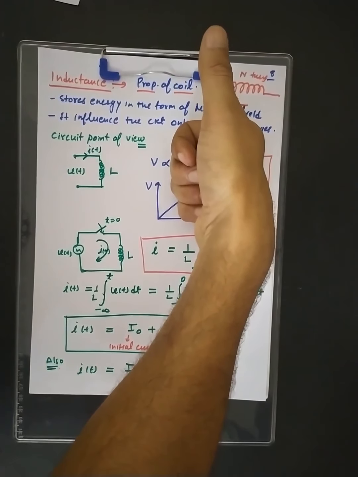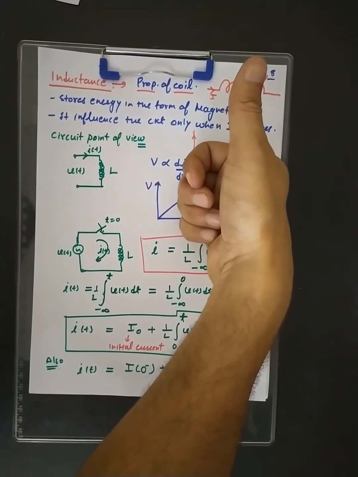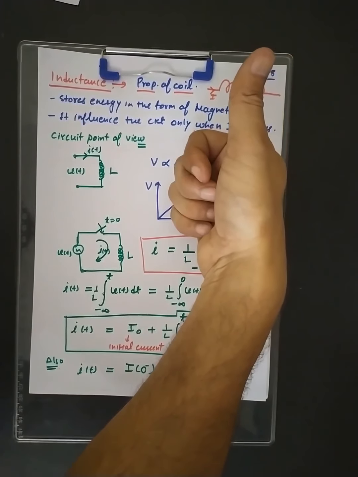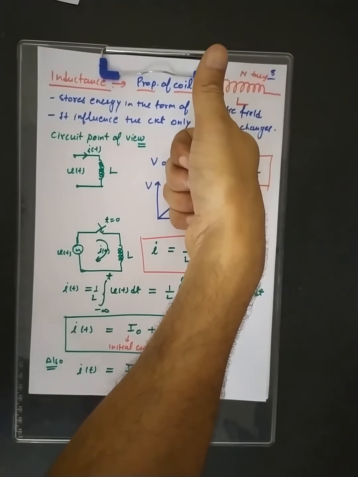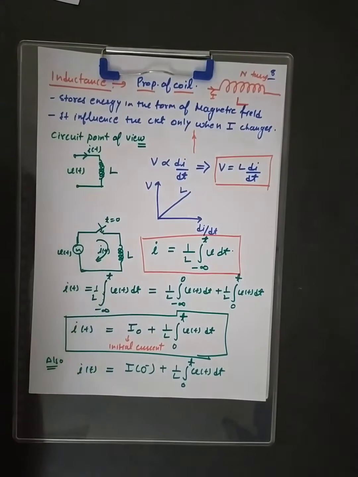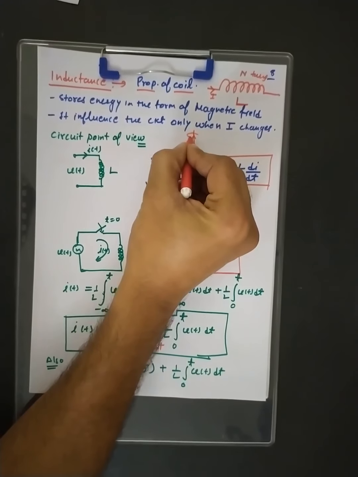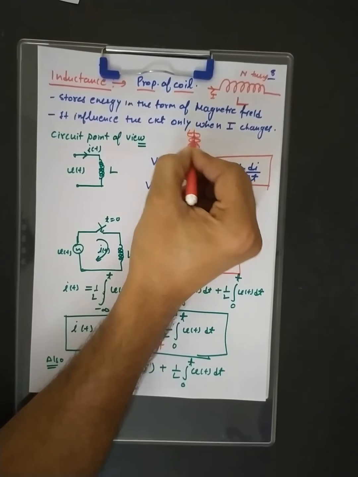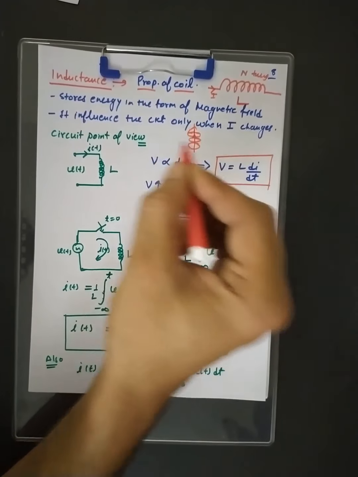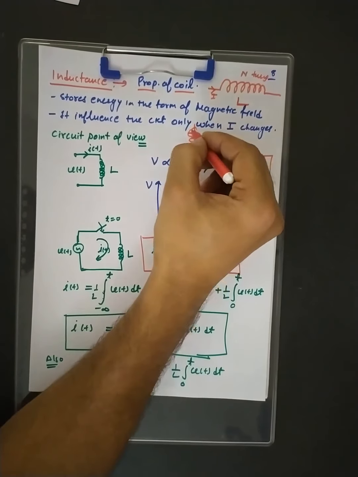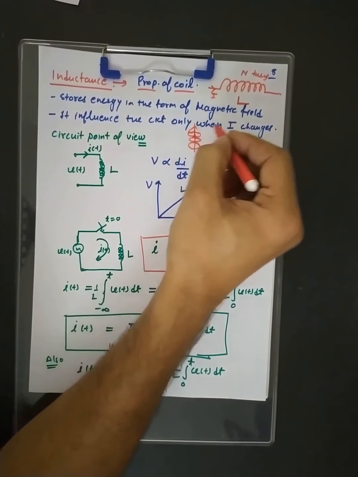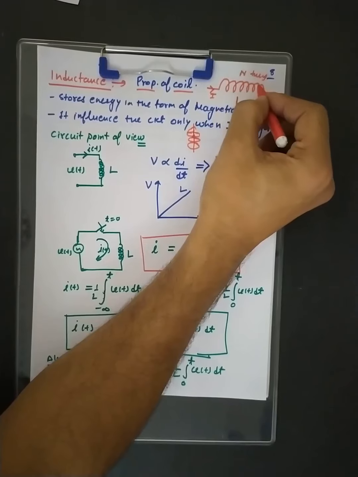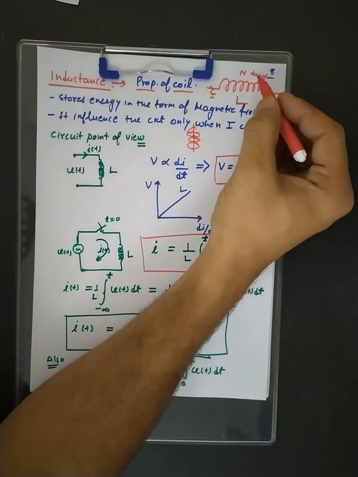The thumb direction is the current, and the fingers curling around the conductor tell you the direction of the field, the direction of flux. So this magnetic flux induced across your conducting wire will be used to store energy in the coil. So now how does it store?